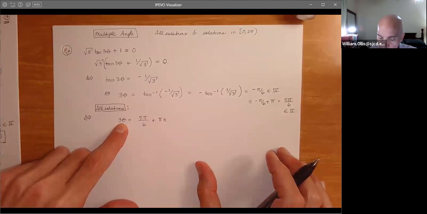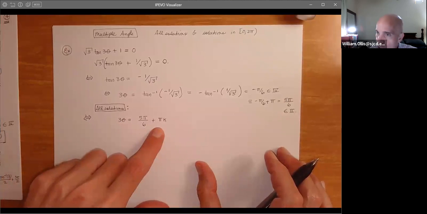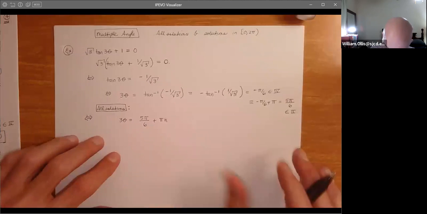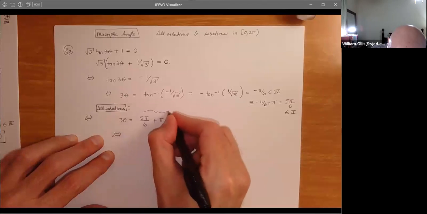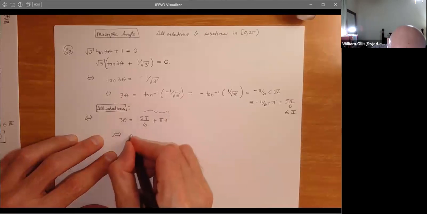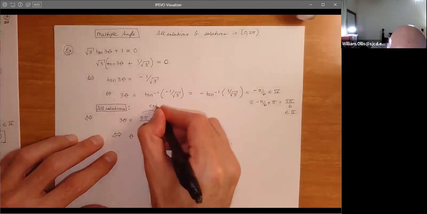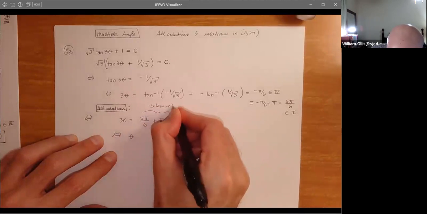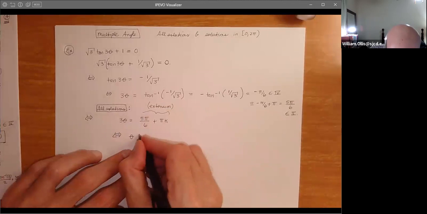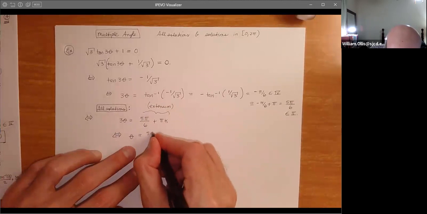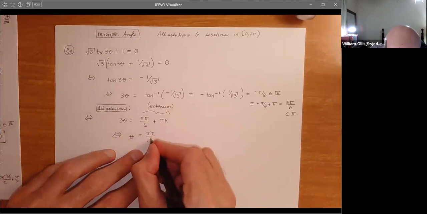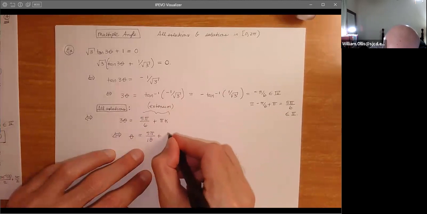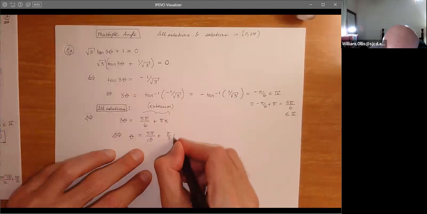And so now we can find theta by dividing these two terms by what? 3. So all solutions and then division. So this is the extension. And so we have theta will be 5 pi and 3 times 6, that's 18, plus pi over 3k.